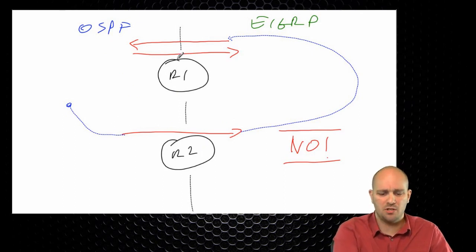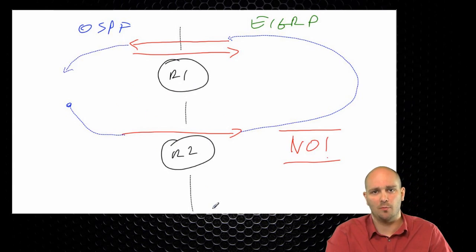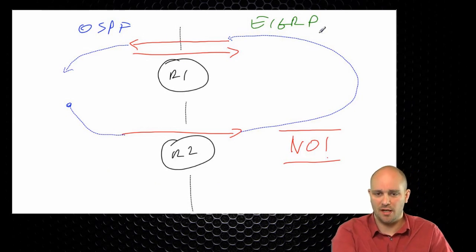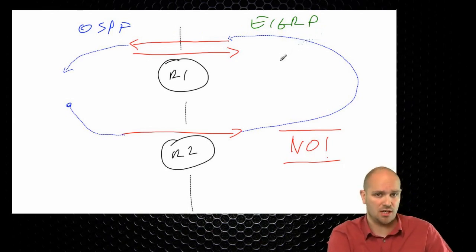So no loop prevention mechanism in EIGRP or OSPF is going to prevent this. And I might actually inject the route back into OSPF domain that could loop. Now, mind you, internal OSPF routes and internal EIGRP routes cannot loop in this case. This is only when you have some externally injected information.